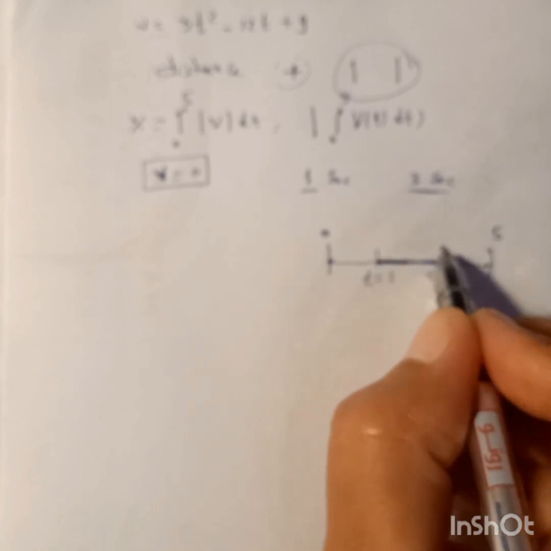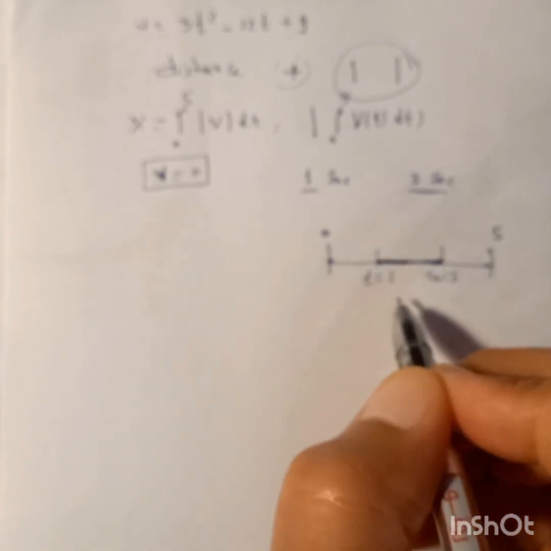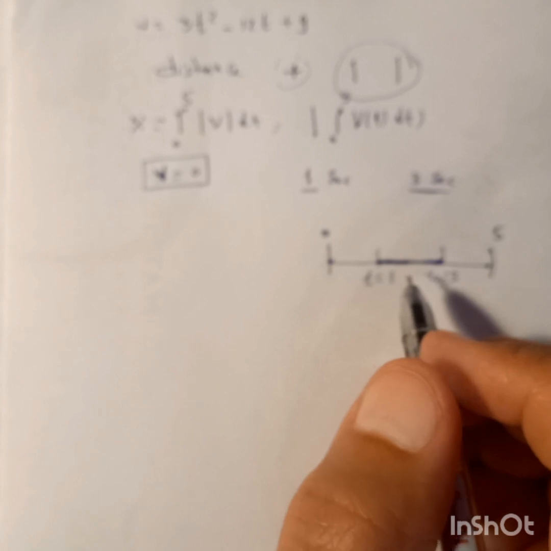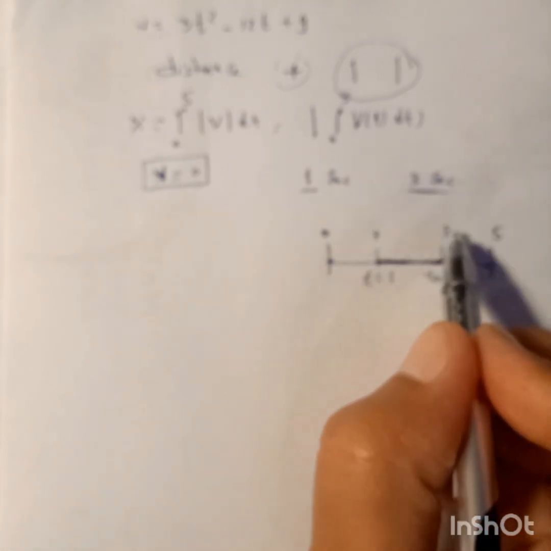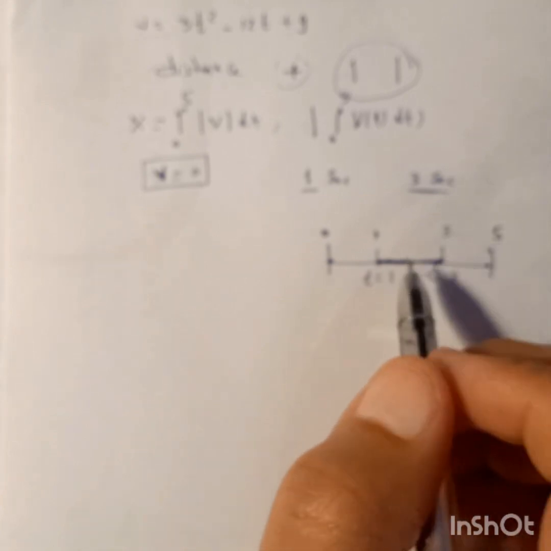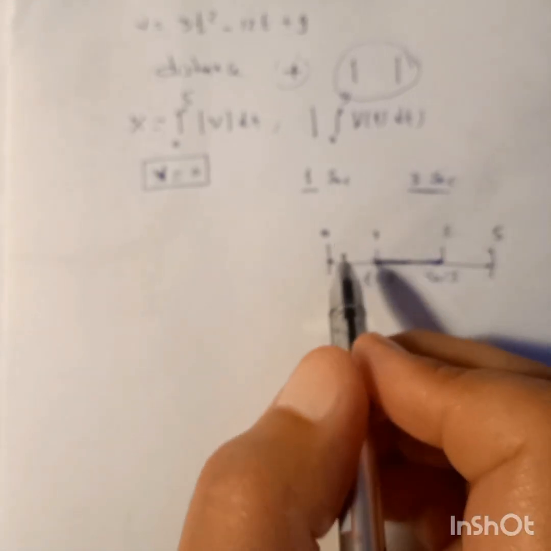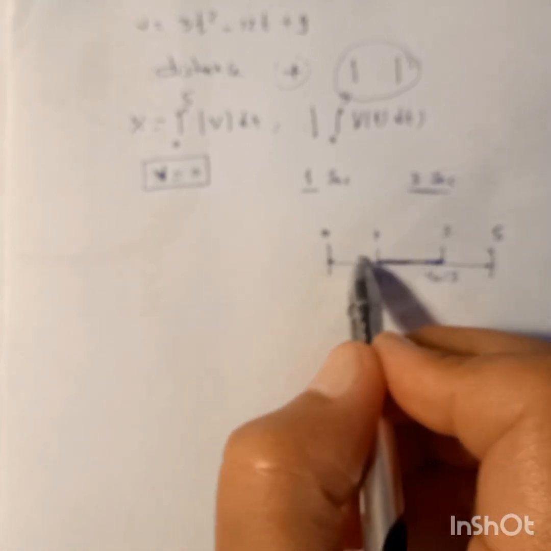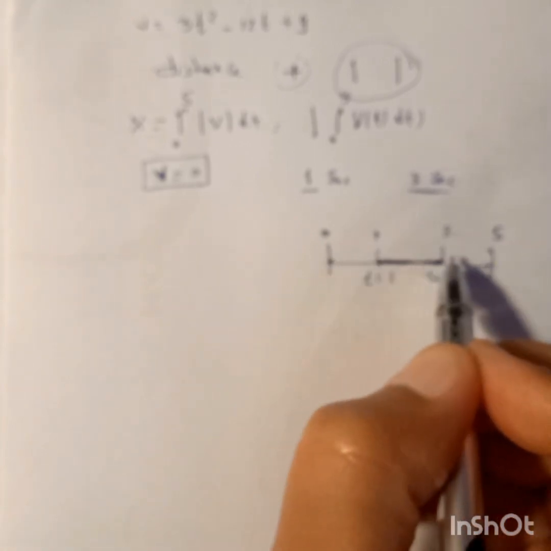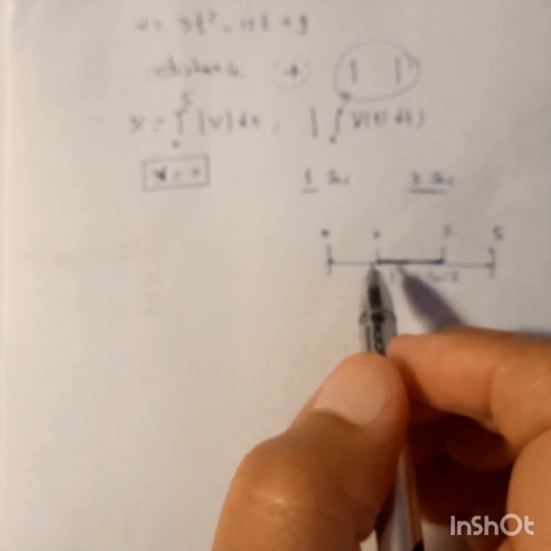Then we have here three sub-intervals: from 0 to 1, from 1 to 3, and from 3 to 5, and we have to calculate the modulus of the distance covered by this body during each of these intervals, and sum all these distances.